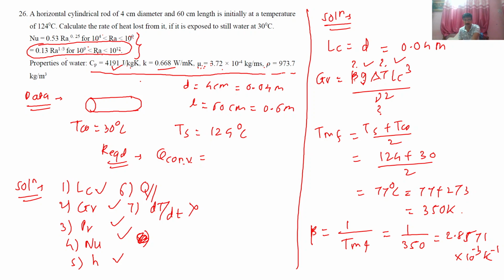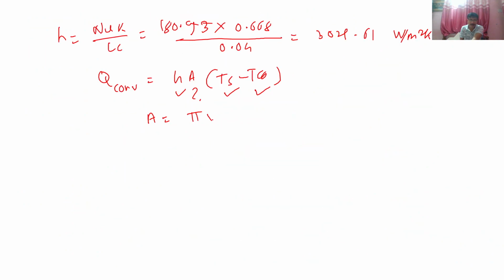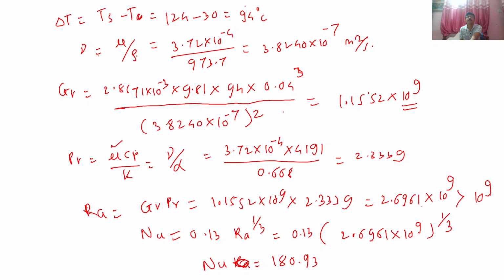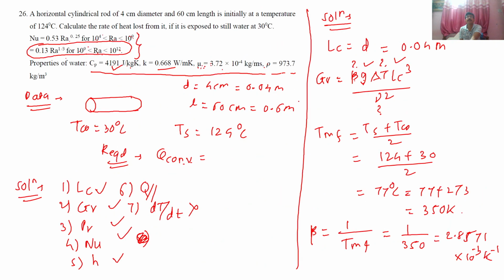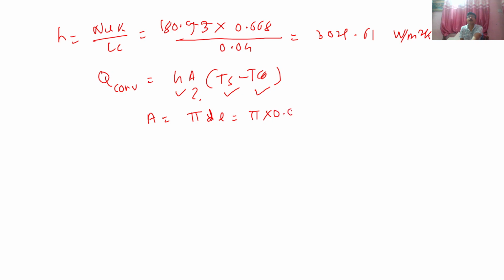So you can take the area as pi D L, so pi into D is 0.04 and L is 0.6. So the answer for area is, just 1 minute, I will do it for you.